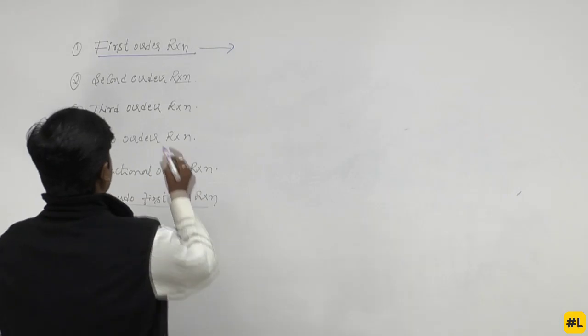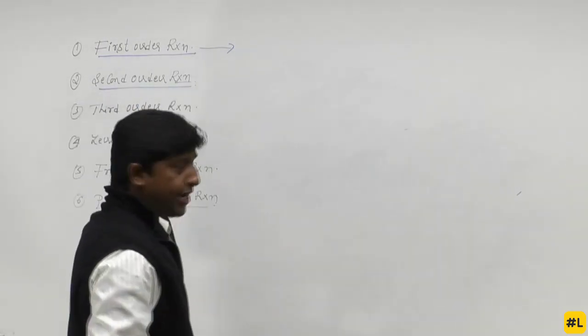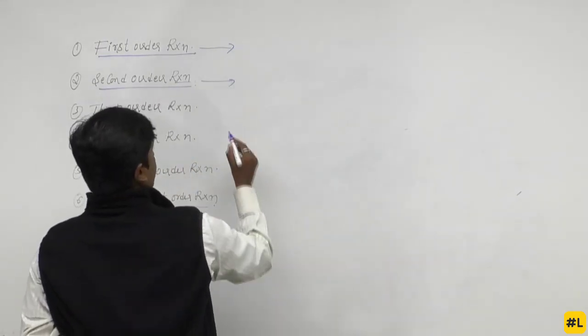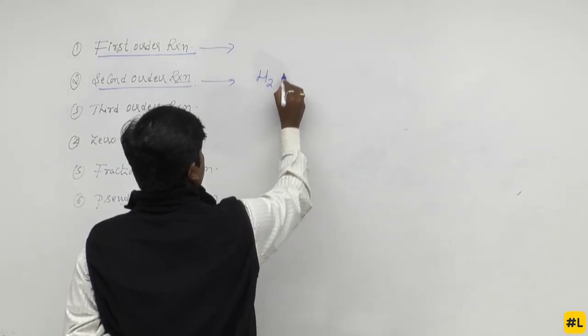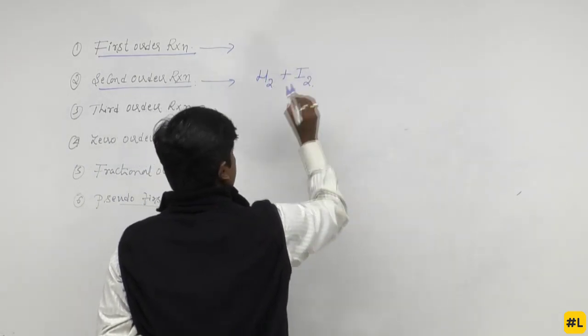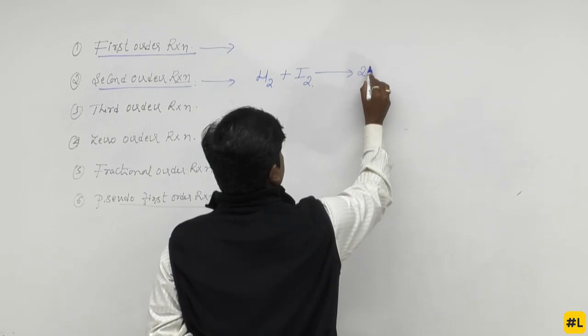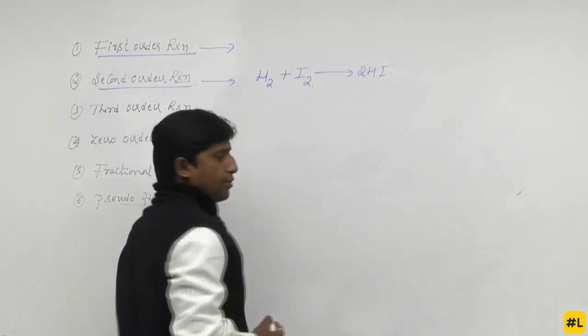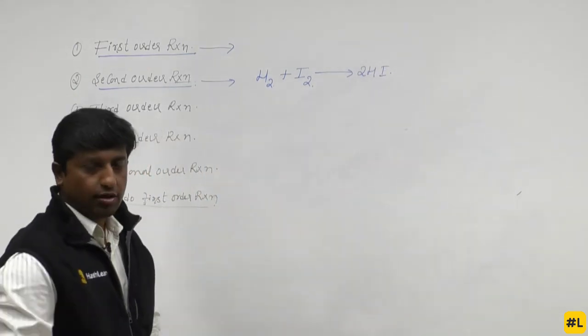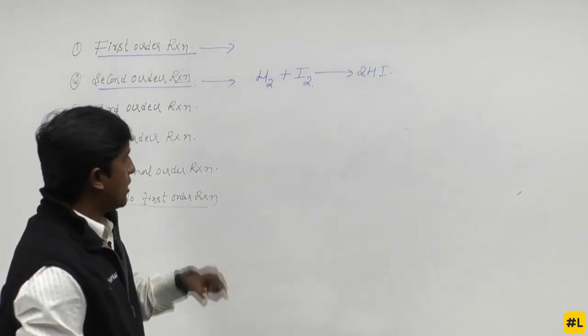Yes, second order reaction. I take two examples for this. The chemical combination of hydrogen and iodine to give hydrogen iodide. Students, this is an example of a second order reaction. I take one more example.